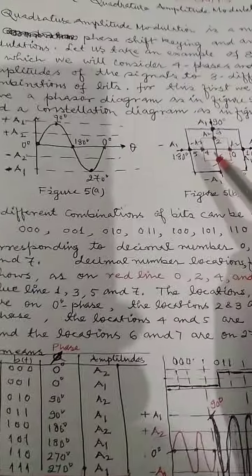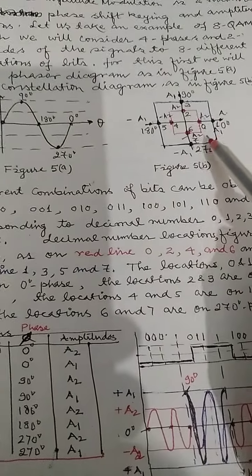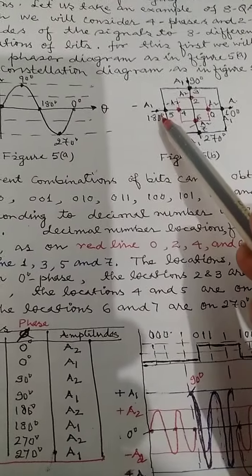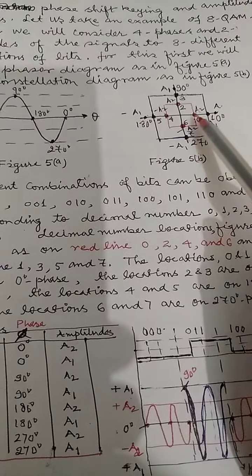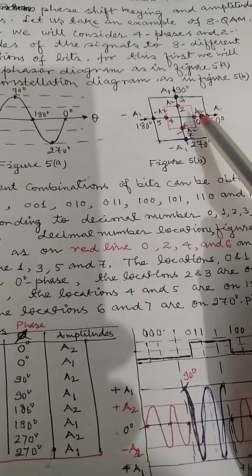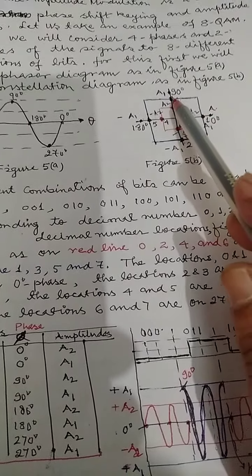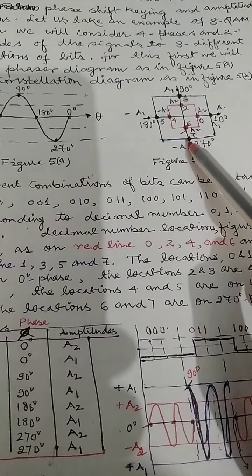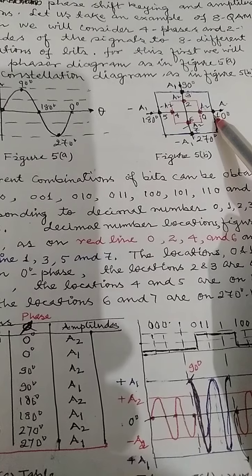On this constellation diagram we are taking 0 degree phase shift, 90 degree phase shift, 180 degree phase shift and 270 degree phase shift. On these phases we are having 2 amplitudes, A2 and A1. A2 is the smaller amplitude and A1 is the larger amplitude.